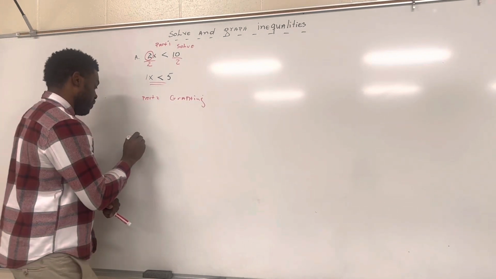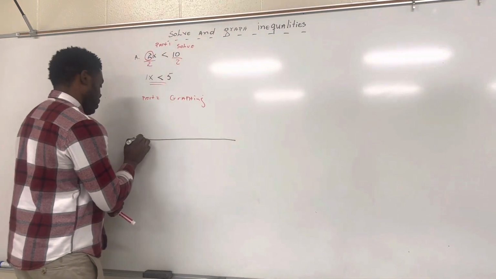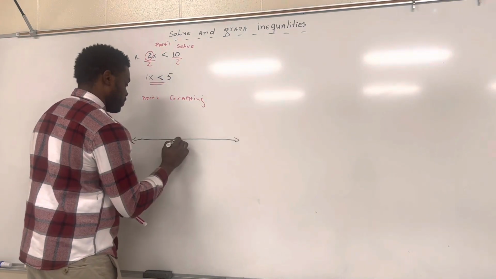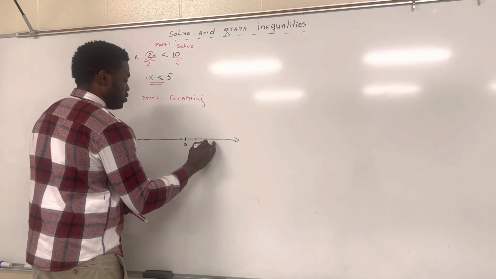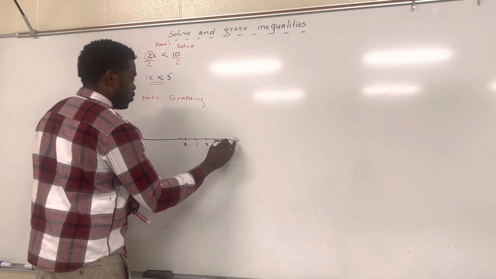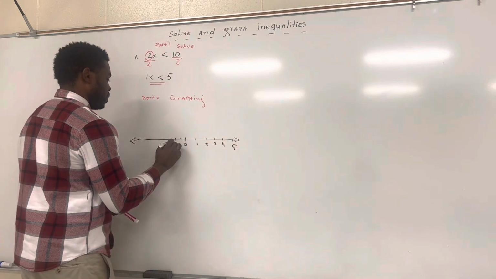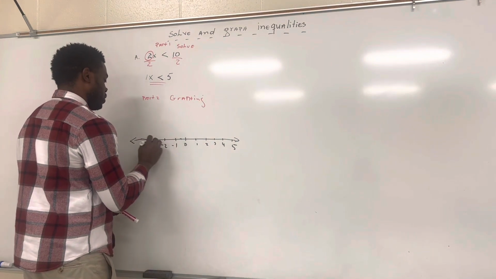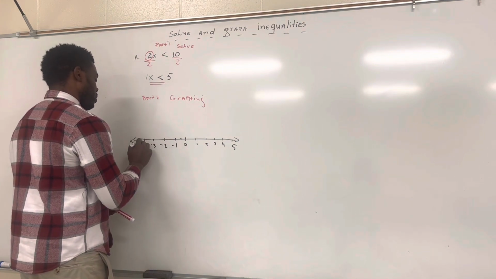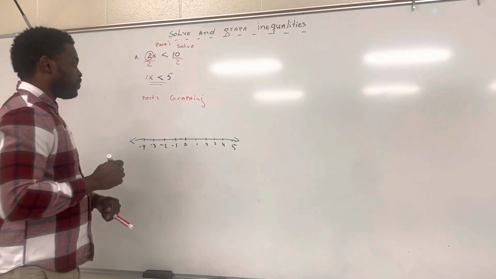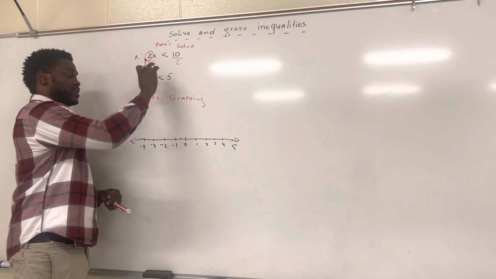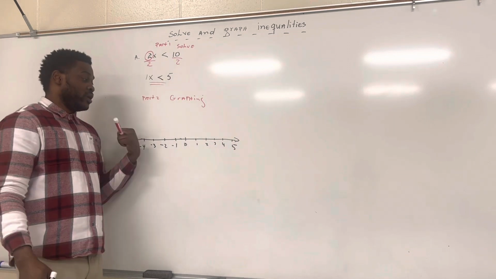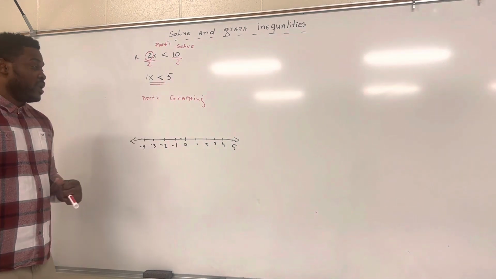So remember that we have the number line here, going in both directions. The middle here is 0, and then there's 1, 2, 3, 4, and then 5, and -1, -2, -3, -4, and so on. Remember when it's less than, you know that it's going towards the left.